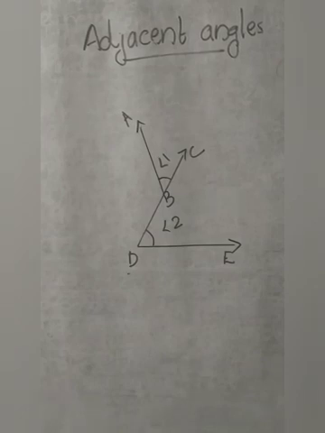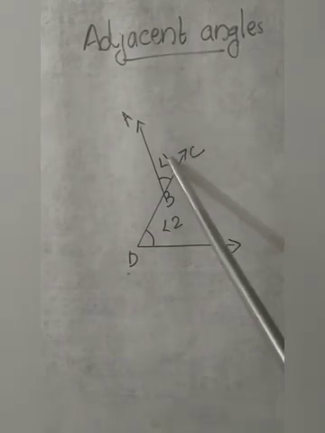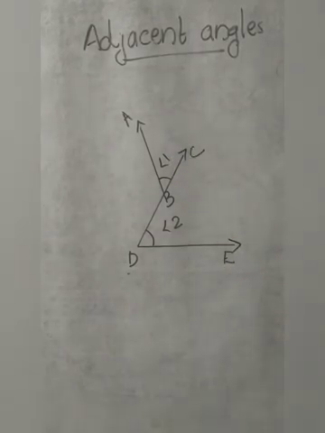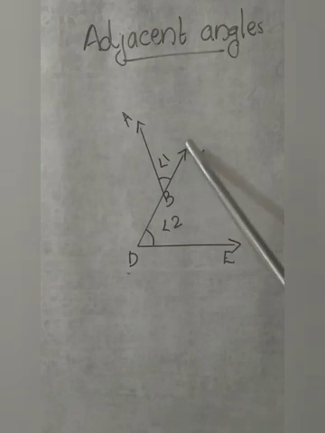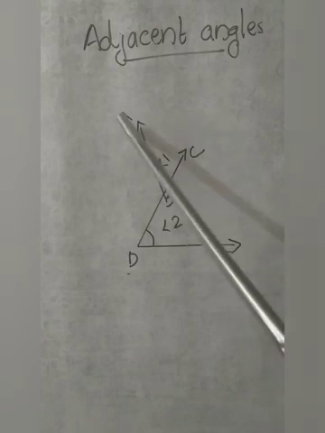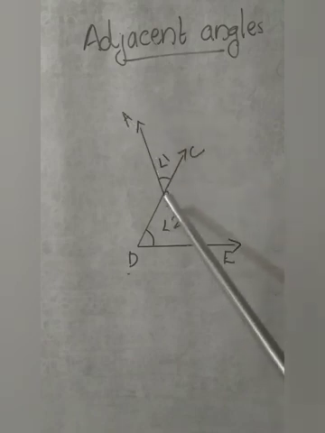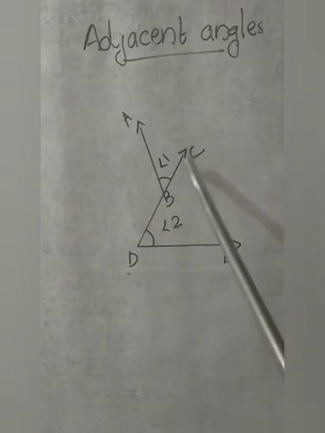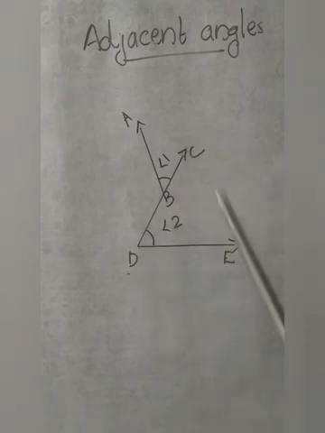Consider this figure. We have here also two angles, angle 1 and angle 2. Can these two angles be adjacent? We have three conditions. Here in this angle and in this angle, whether there is a common arm. What are the arms of this angle? ABC. AB is an arm, BC is an arm. In the angle CDE, which are the arms?